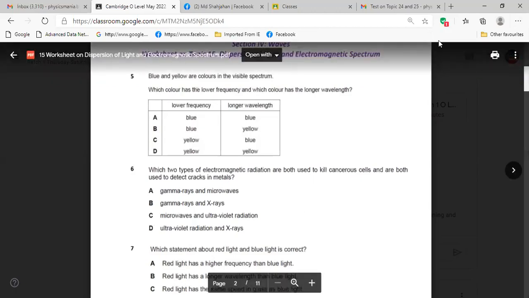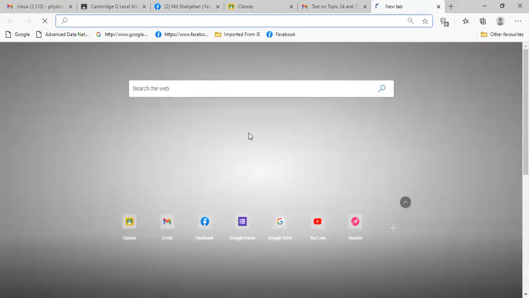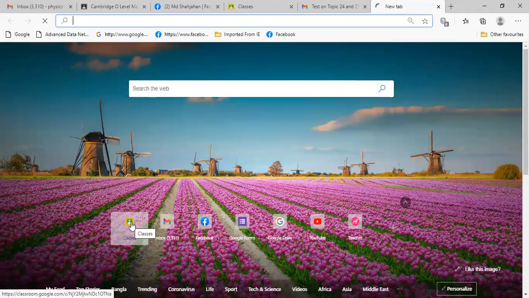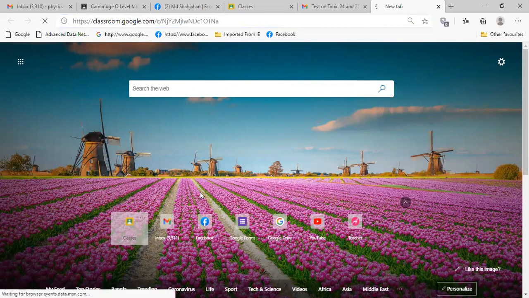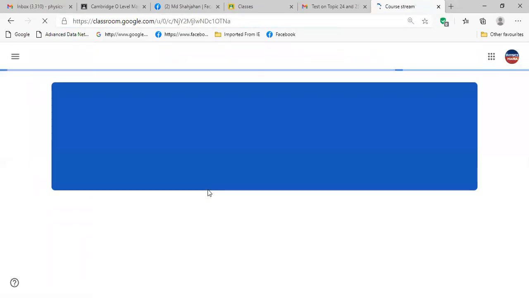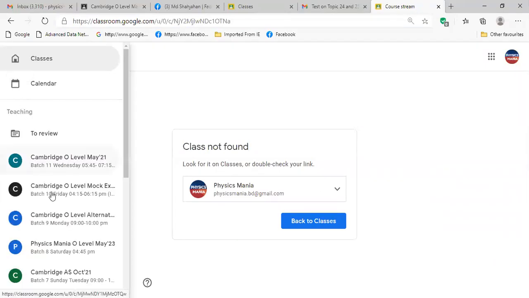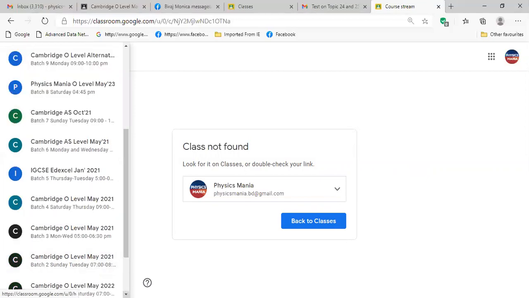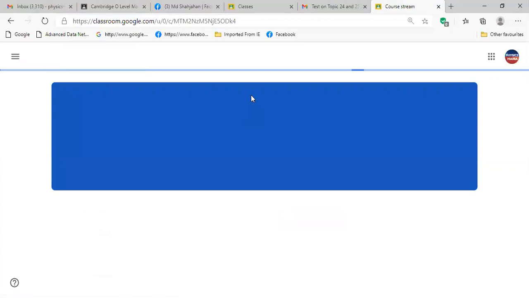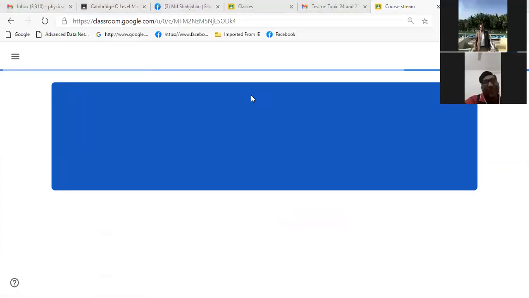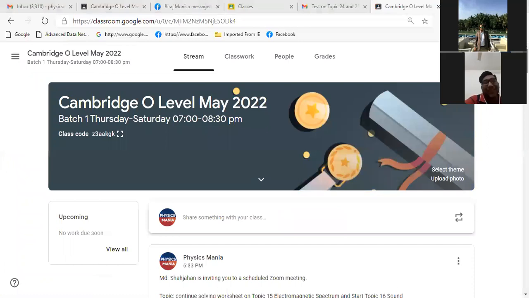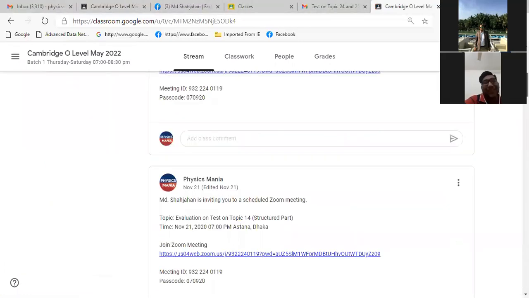Check in our notes. I uploaded the notes, right? In the notes uploaded, all the things are there. You should go through them and spend time in learning.